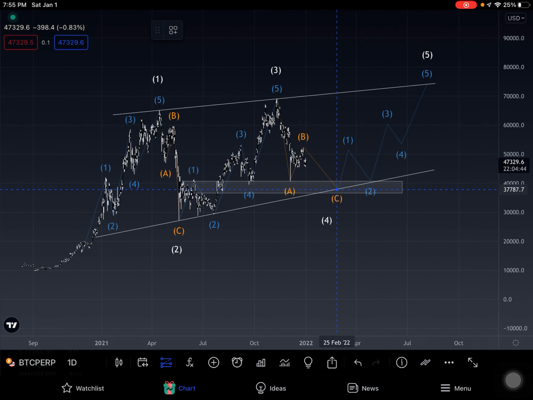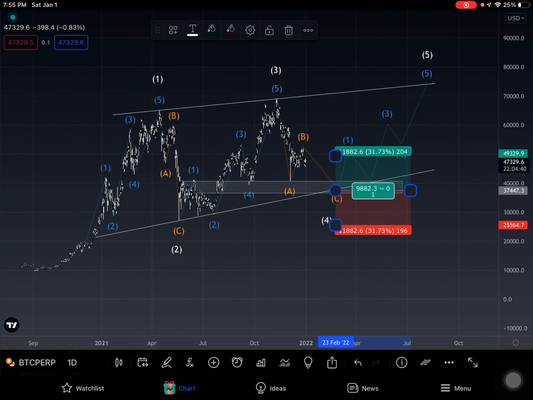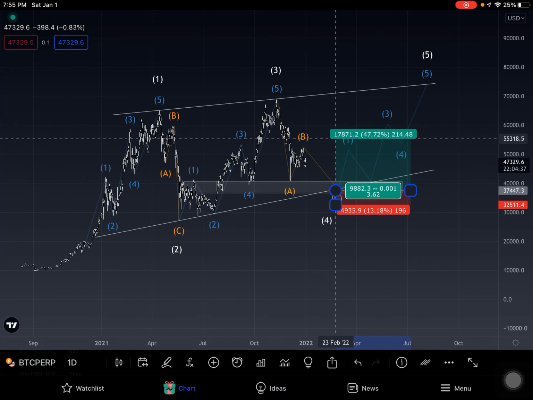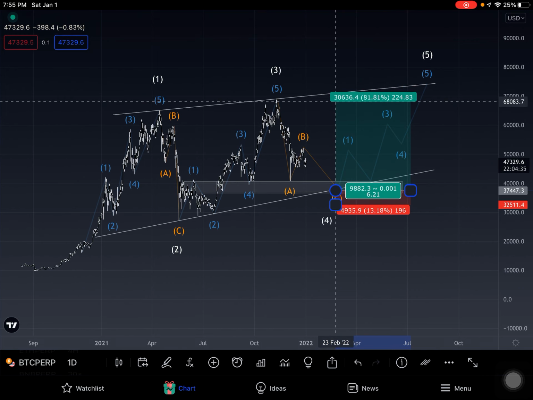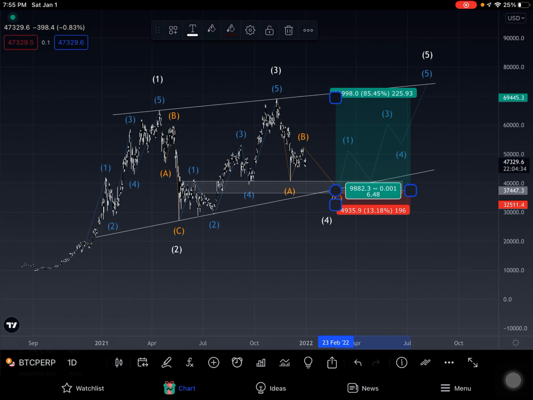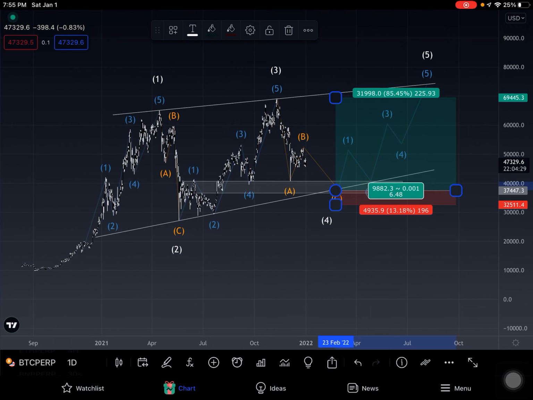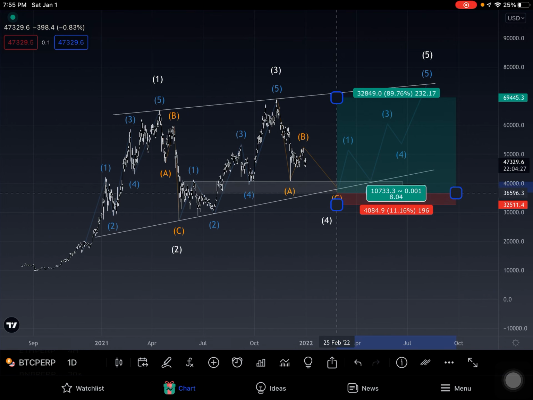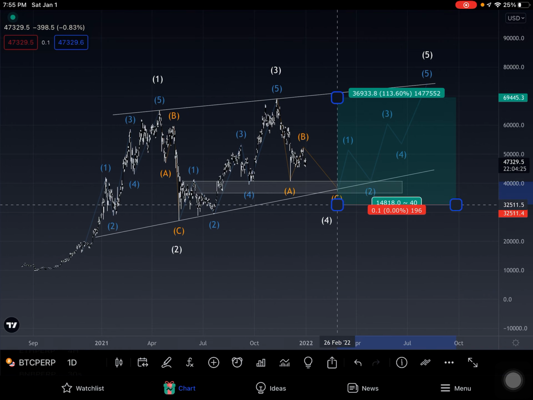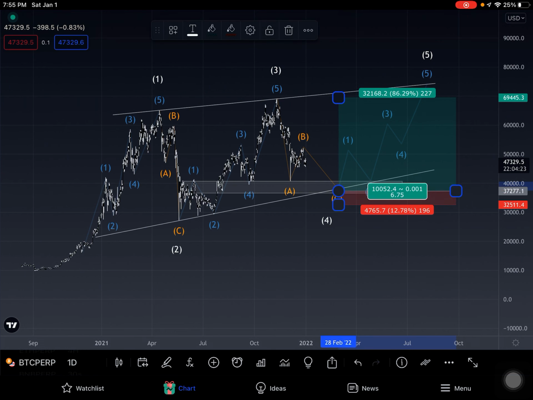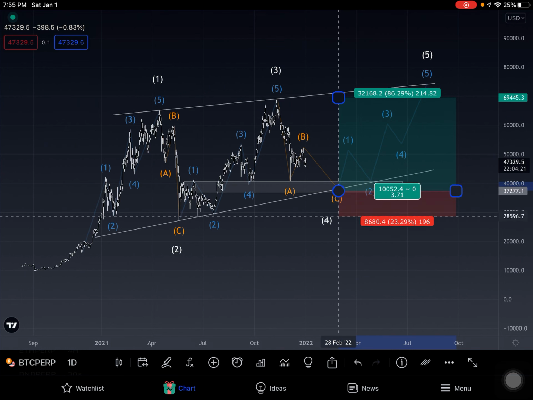I would put my entry as this low down here or this support. And I would put my take profit, say, up here if I was really die hard for this pattern. And I would put my stop loss around right here.